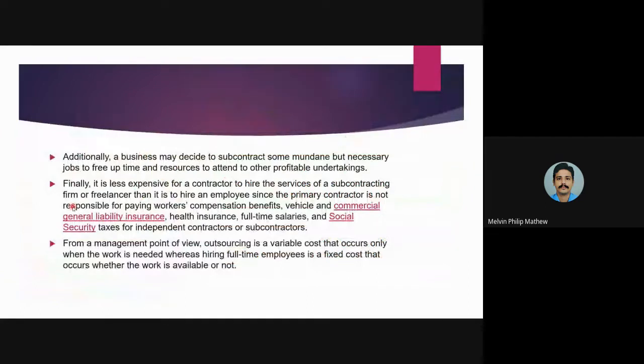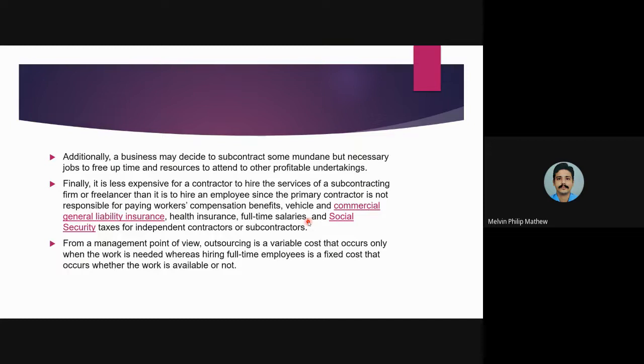Then, it is less expensive for a contractor to hire the services of a subcontracting firm or freelancer than it is to hire an employee. Instead of hiring an employee, we can do subcontracting, because the primary contractor is not responsible for paying workers' compensation, benefits, vehicle and commercial general liability insurance, health insurance, etc. for subcontractors.